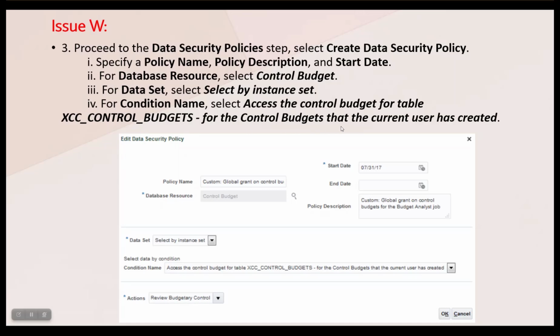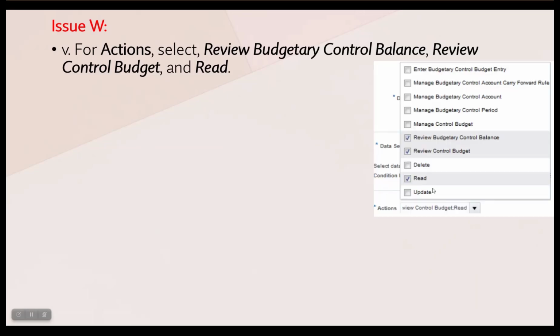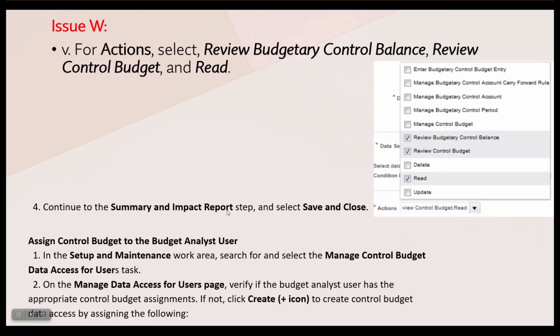For the control budget, as the control has been created, as you see here, access budget control for the control budgets that the current user has created. After that, for the actions, select review budget control balance and review control budget, continue to summary and impact report, and select save and close.